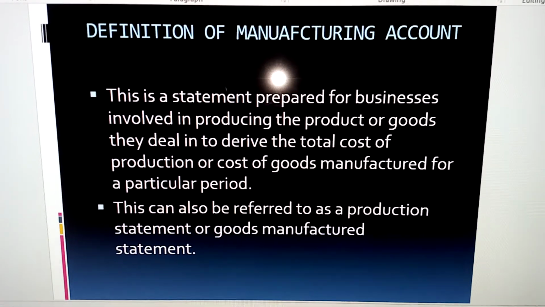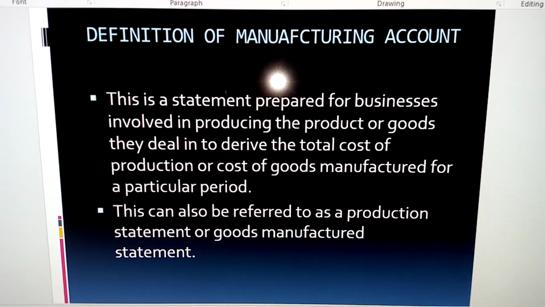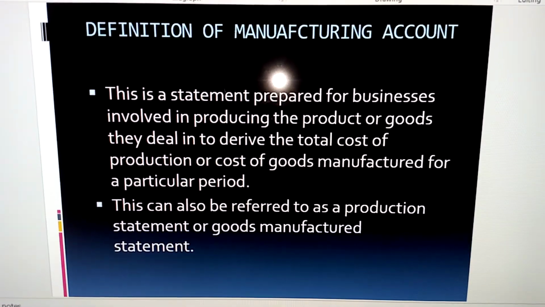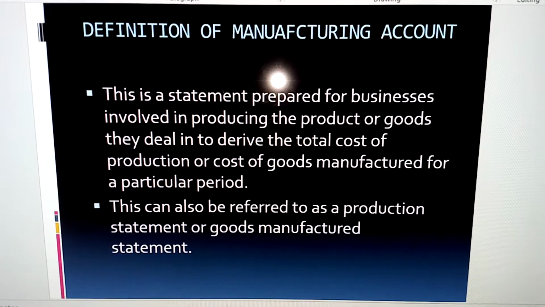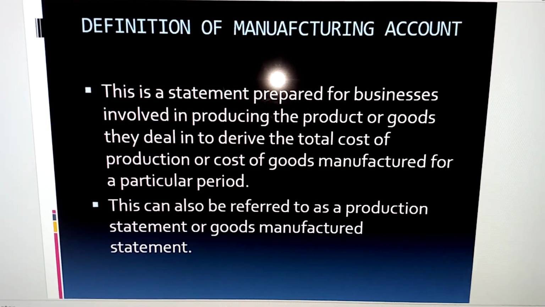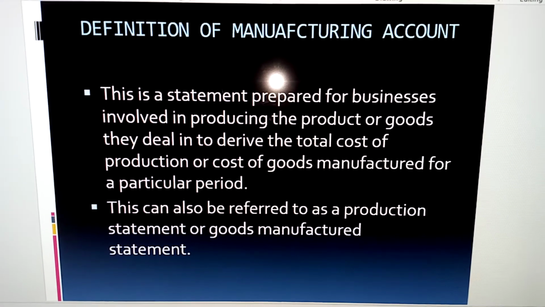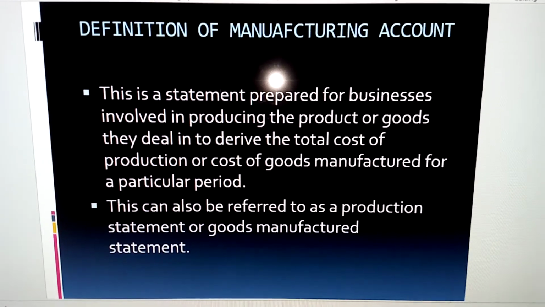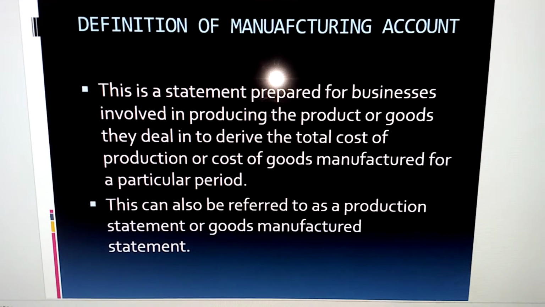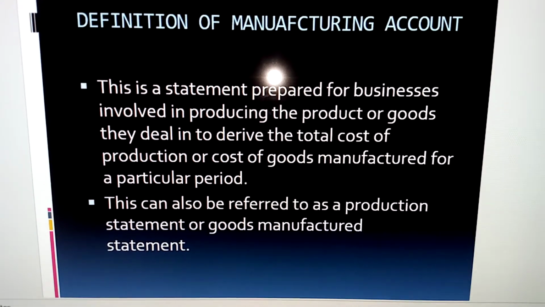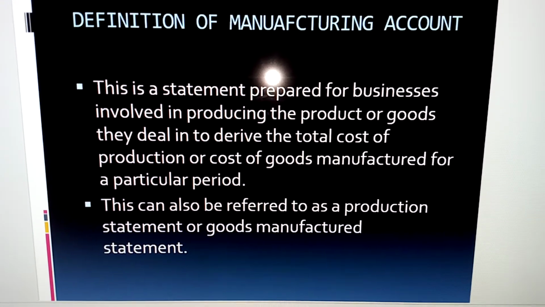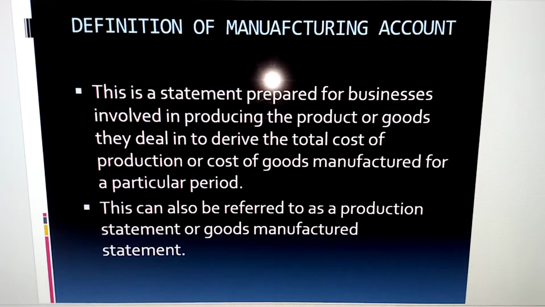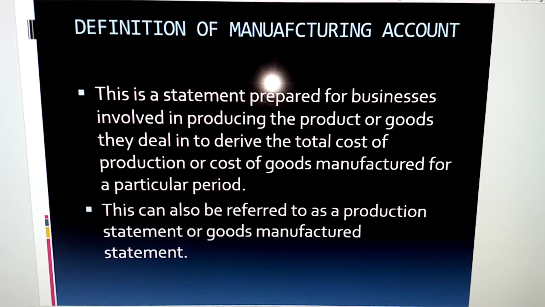So if, for instance, you want to know the cost of producing a particular item, you use the manufacturing account to derive the total cost of producing the item. So we can define the manufacturing account as an account or statement prepared to derive the cost of production, or the cost of manufactured product, for a particular period.